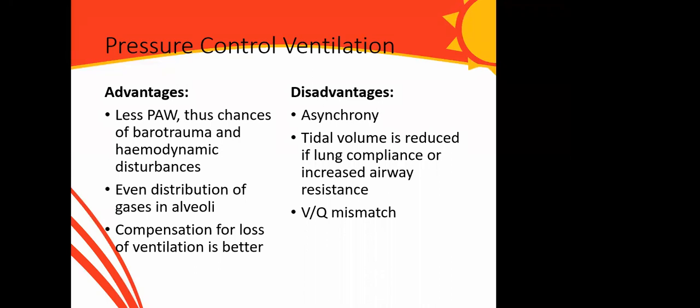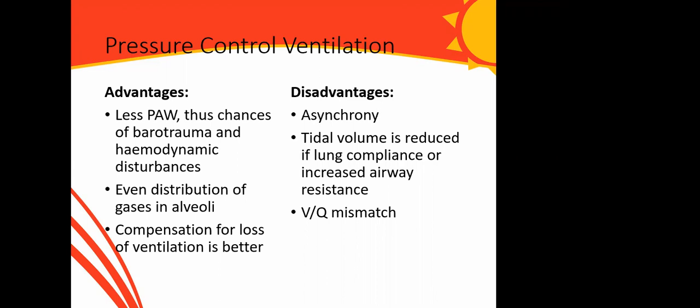So what you're telling the ventilator is that no matter what you meet on the way, no matter the lung compliance, no matter the airway resistance, I want this patient to have 500 mils. So the ventilator will generate enough pressure to deliver the 500 mils that has been preset. And that's why they are prone to barotrauma.